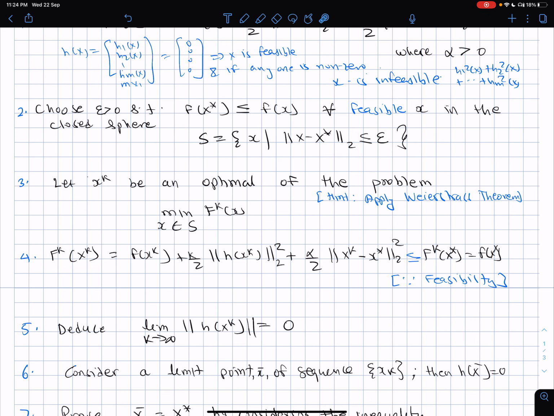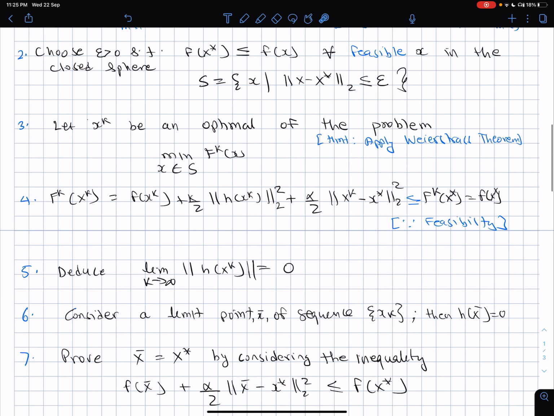So I have basically said that the optimal value for this auxiliary problem that I have defined here is bounded above by f of x star.